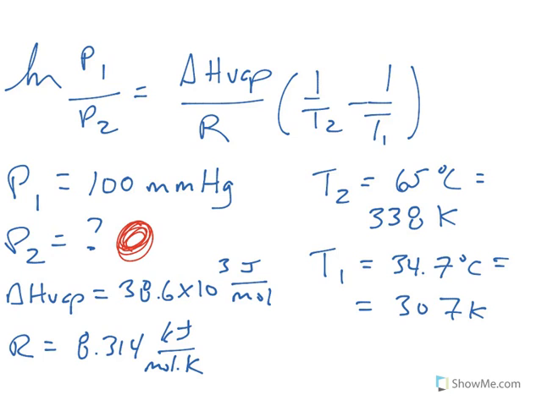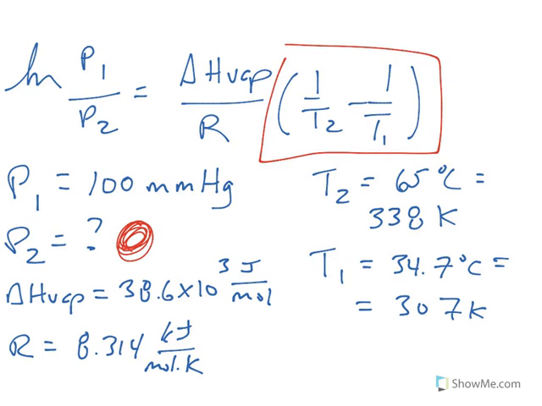So that looks like kind of a monster equation to get P2 out of. How are we going to deal with that? I'm going to show you my stepwise way of trying to simplify this equation. I like to work in chunks. The first chunk I like to take care of is the temperature chunk.